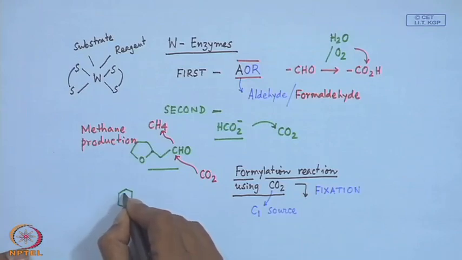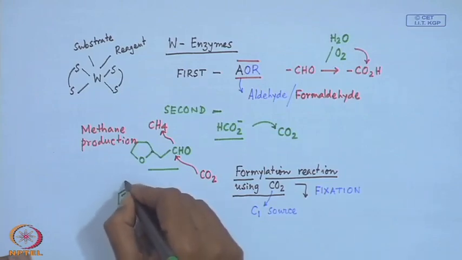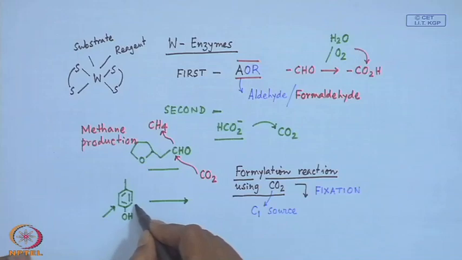Because in the laboratory, if we have a phenol derivative and if it is para substituted, we cannot do any transformation, that means the formylation reaction on this carbon or on this carbon cannot be achieved using carbon dioxide.